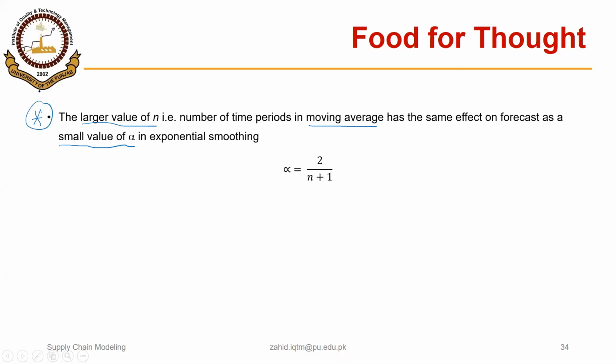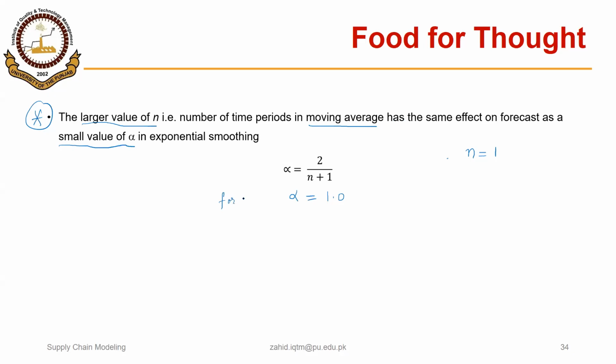So we can use this simple formula actually to see this impact. So for example, if n is equal to 1, alpha will be equal to 1 as well. So you can see that n is actually the smallest value for moving average that we can use.